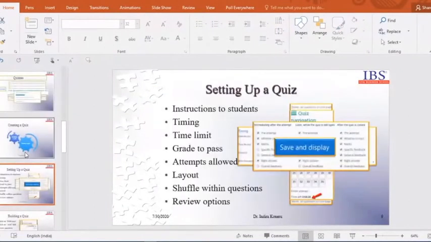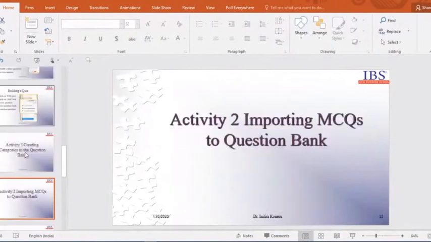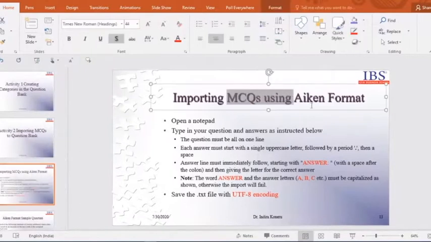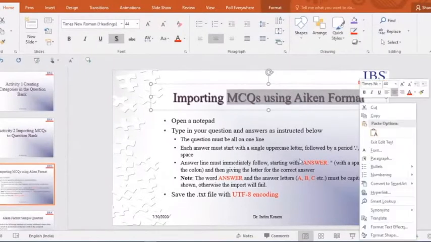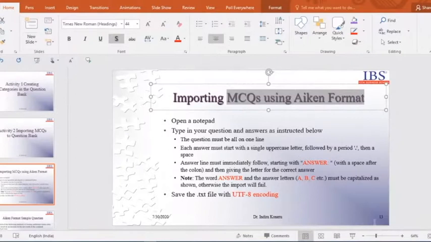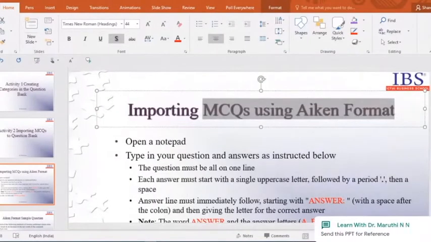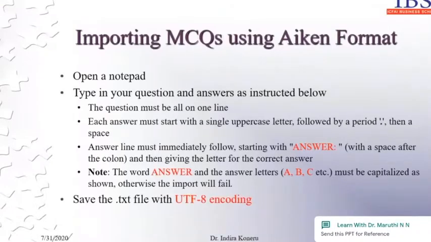Because we wanted to import two types of questions, that is MCQs. For MCQs, we have used Aiken format. It's very simple. Aiken format is very simple, and then we followed all these steps.